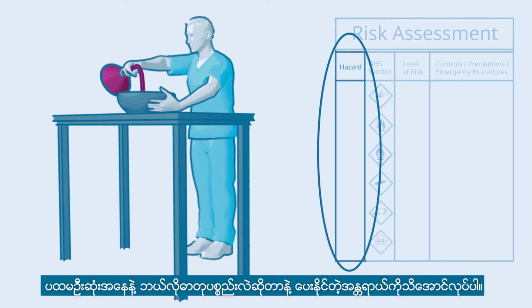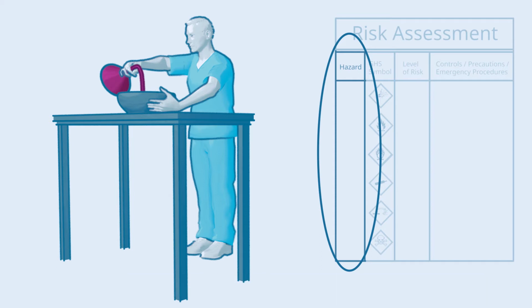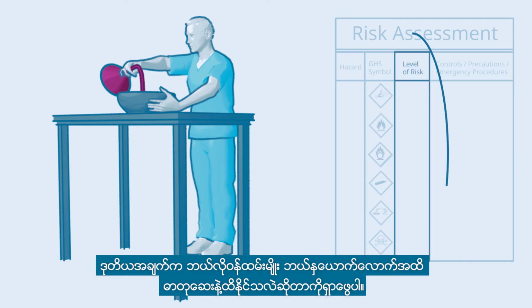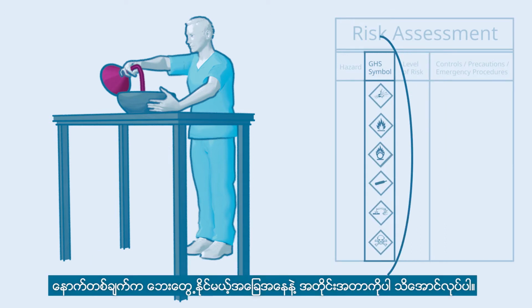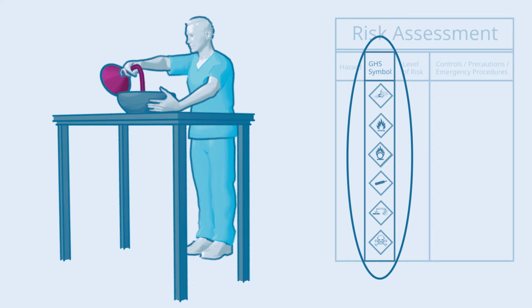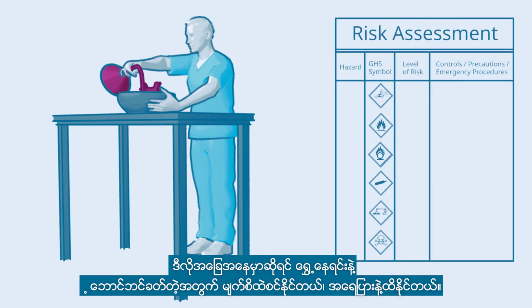First, identify the chemical substances used in this activity and their hazards. Second, locate which and how many workers are possibly at risk of exposure to that hazardous chemical. Next, identify the nature and level of risk of that activity. In this case, there is a high risk of splashing, which may cause skin or eye burns.